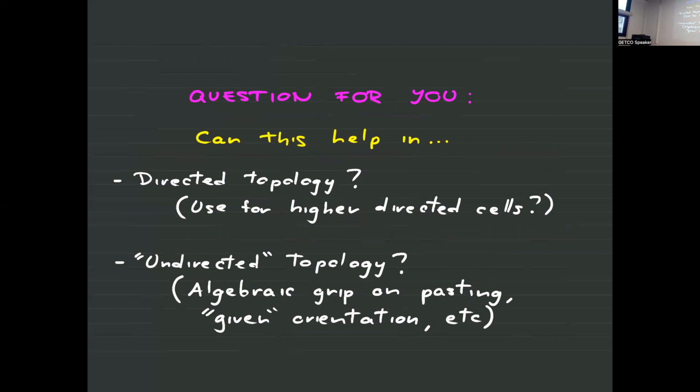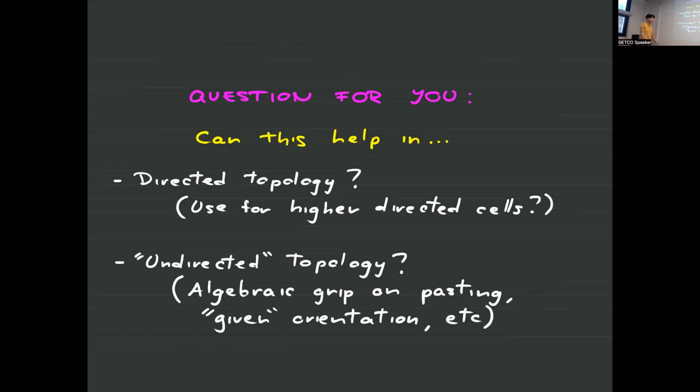And I'm going to end with my question for participants here, because I've been interested in this from the rewriting perspective, but of course people here look at directed spaces or non-directed spaces for all sorts of different reasons.